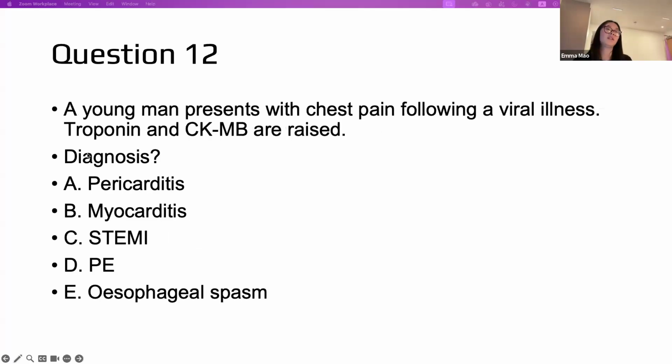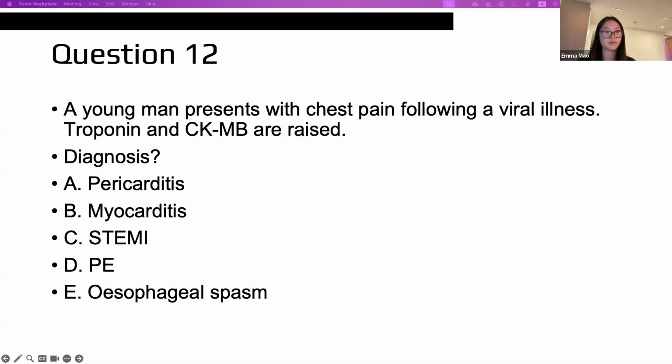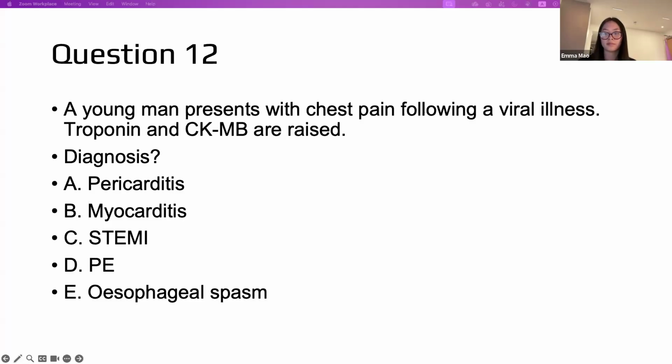Okay. And then question 12, a young man presents with chest pain following a viral illness. Troponin and CKMB are raised. Yes, this question is quite vague.